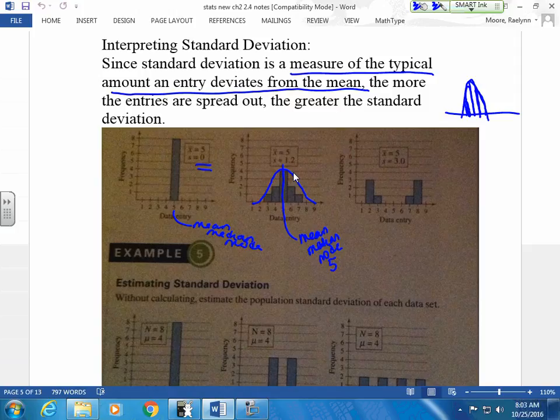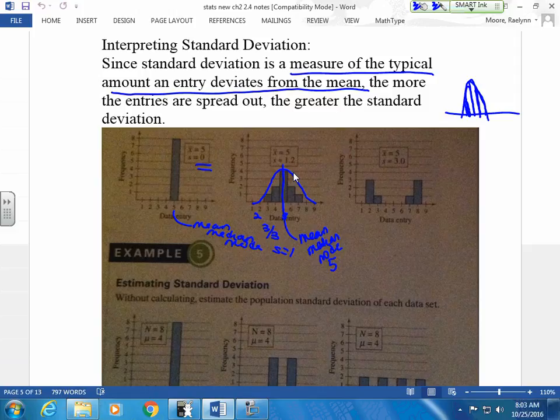So from 2 to 5, if I have 3 units from here to here, I have to fit 3 standard deviations in here. So my standard deviation is approximately 1. Does that make sense? Kind of makes a little bit of sense.